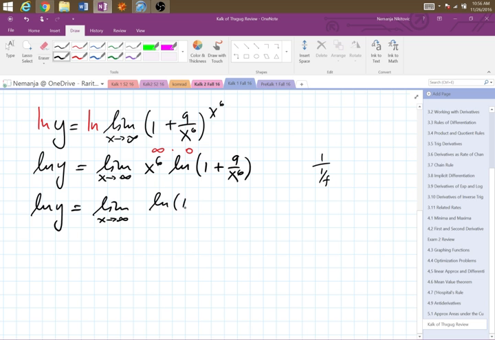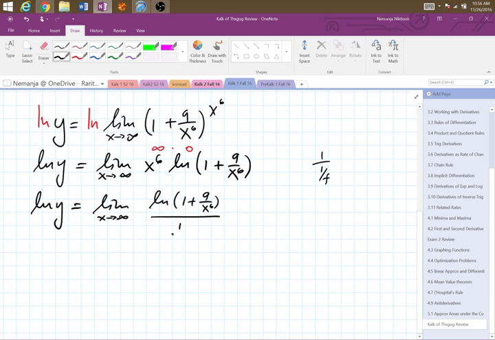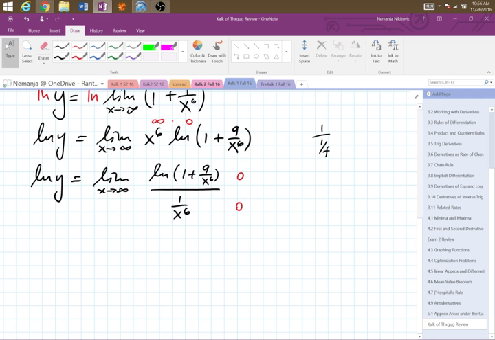So ln of 1 plus 9 over x to the 6 divided by 1 over x to the 6, which gives me 0 over 0. So now we can use L'Hopital rule to take the limit.